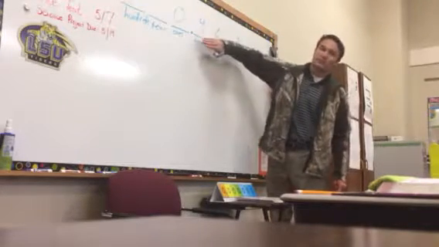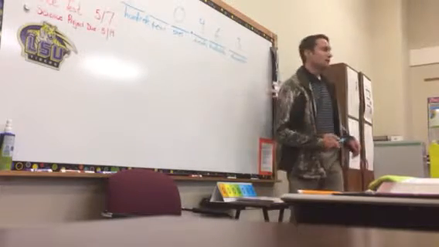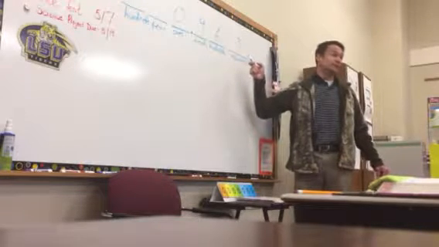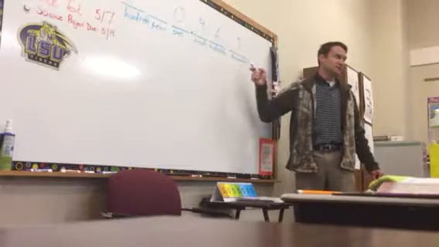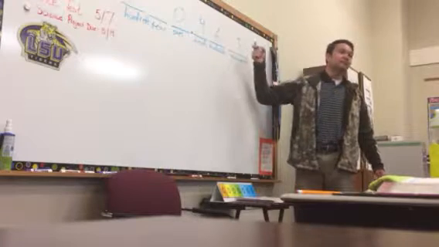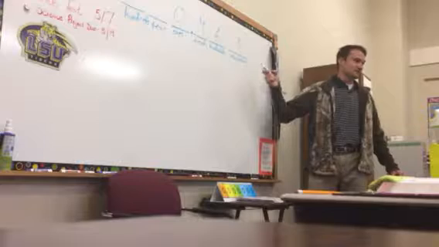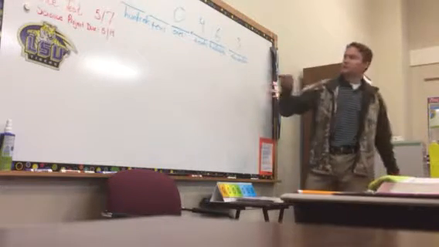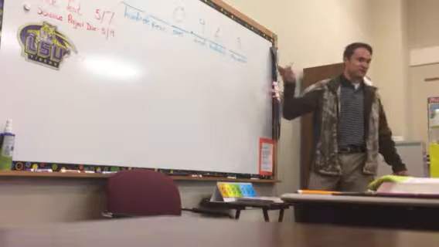We would normally say what, everyone? 463. And then we look at our last digit and see what place it's in. What place is that last digit in, everyone? Thousandths. So we're going to say 463 thousandths. Always look at that last digit to find out what name to give it. It's 463 thousandths. Understand so far?